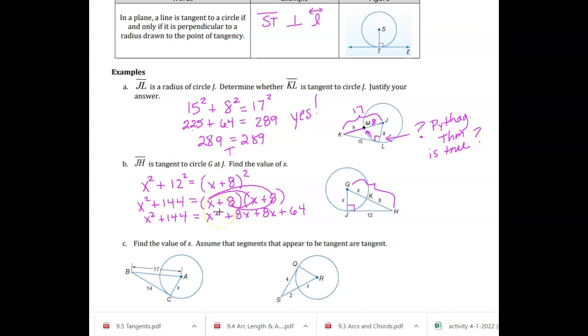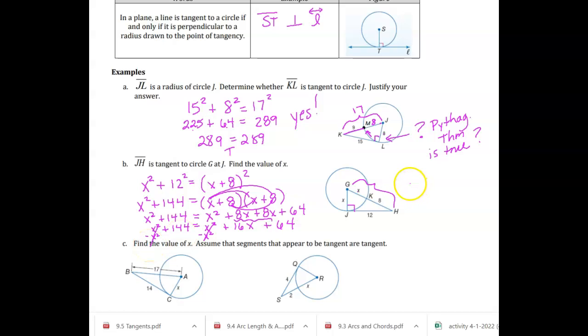So we're going to go ahead and combine some like terms. We get x squared plus 144. And then on this side, all we can really do is combine those x terms. So x squared plus 16x plus 64. Now we want to get the variables to one side. So I'm going to go ahead and move this x squared term. Remember, x squared and x are completely different. If we subtract x squared from both sides, it actually goes away.